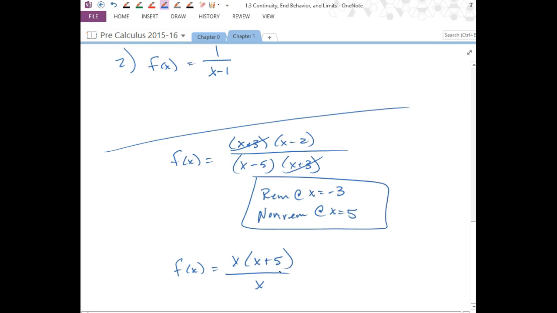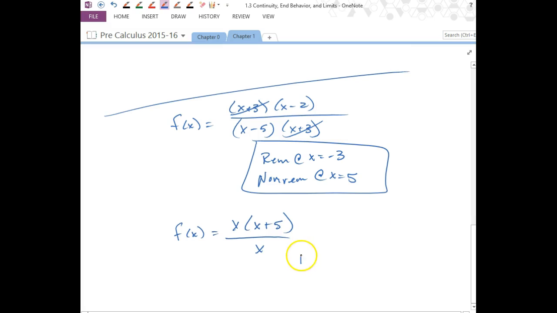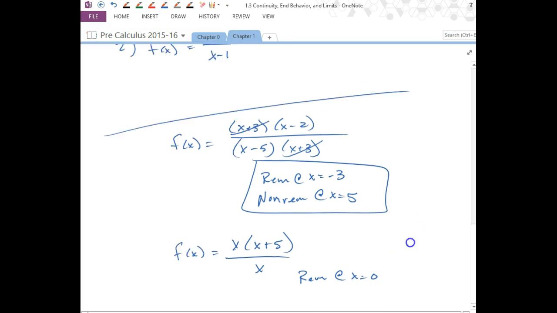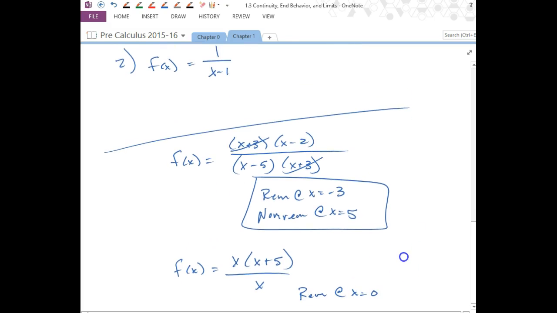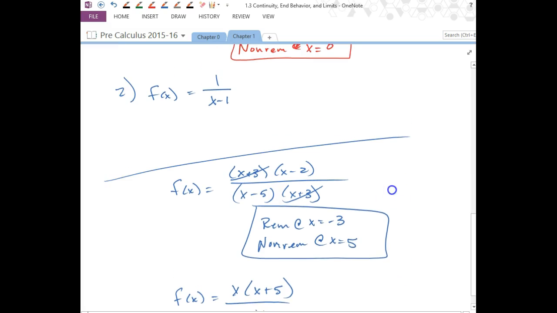Okay, so the x's would cancel. There is a hole or a removable discontinuity at what x value? At 0, right? So this would be removable at x equals 0. Okay, so what was my number 2 example? What kind of discontinuity?